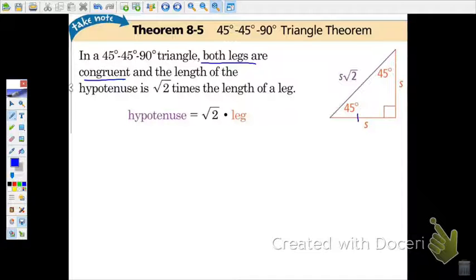And so we know those two sides are the same length. The hypotenuse is going to be square root of 2 times the leg, or I like to think about it the other way, because when we write our numbers, the square root is always after a constant.